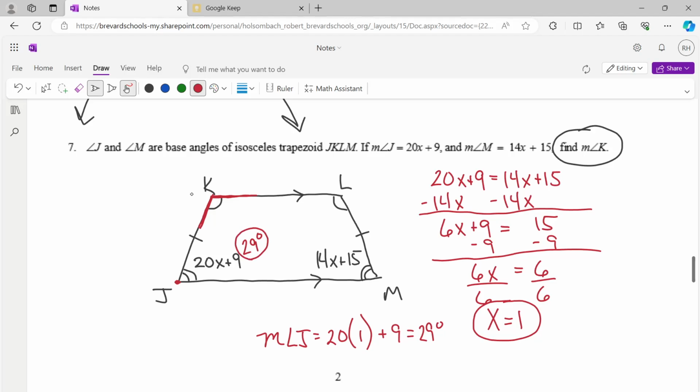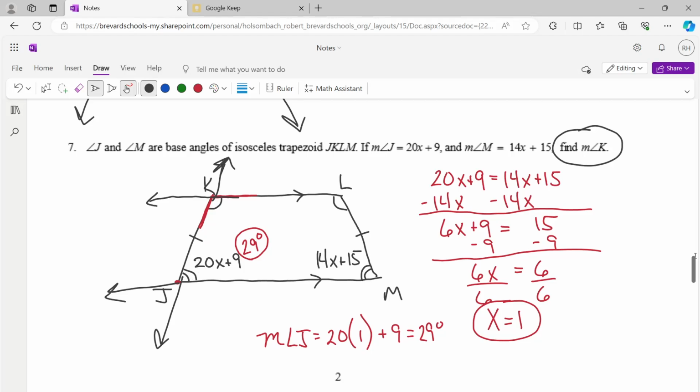Well, we just said that if we extend this top and extend this bottom, we've got a transversal that cuts two parallel lines. So angle K and angle J are supplementary.